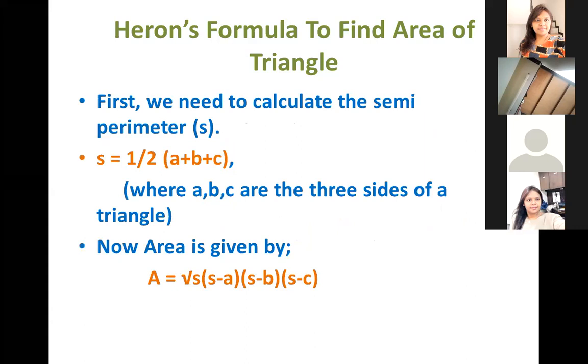So look here, area of the triangle, when you have three sides, using such a formula you are able to find the area, and this formula is known as Heron's formula.